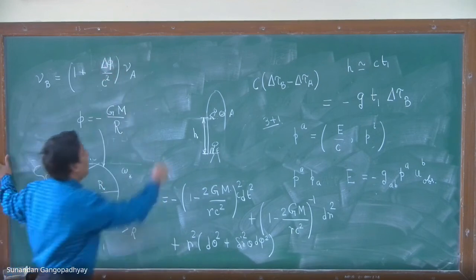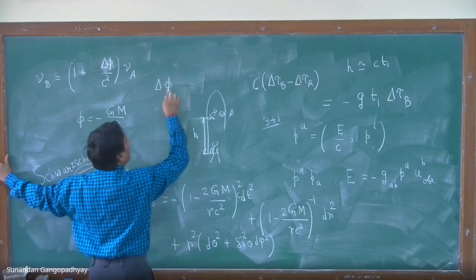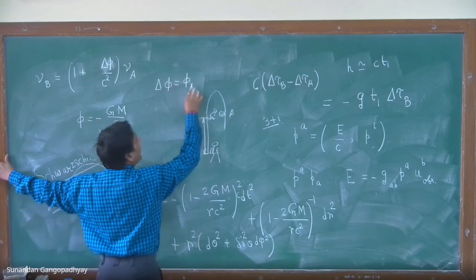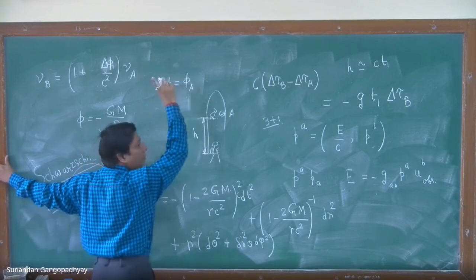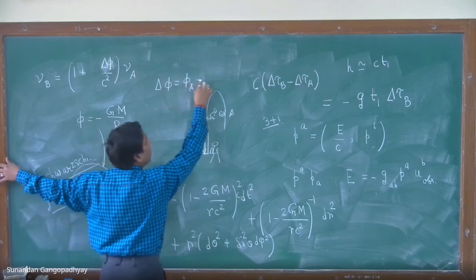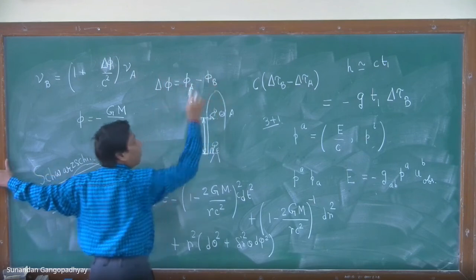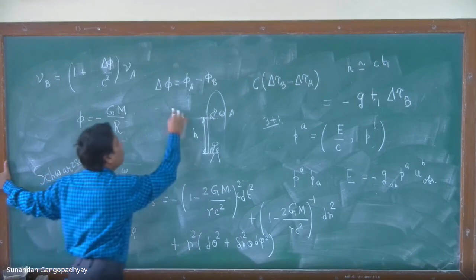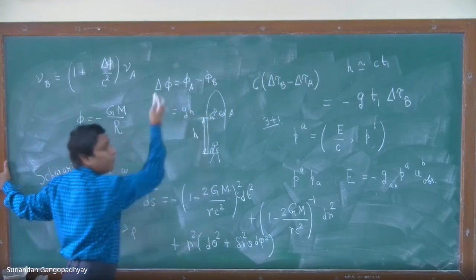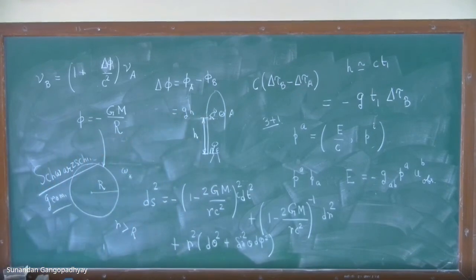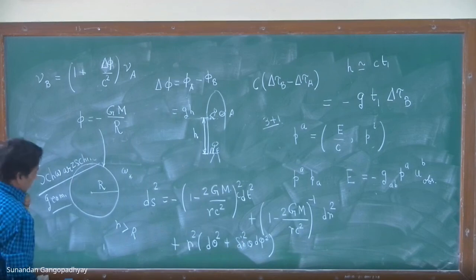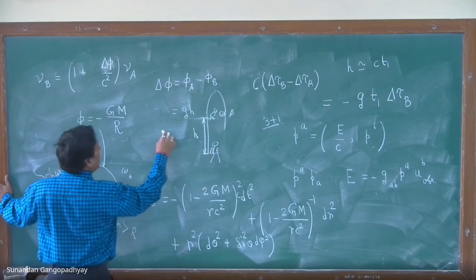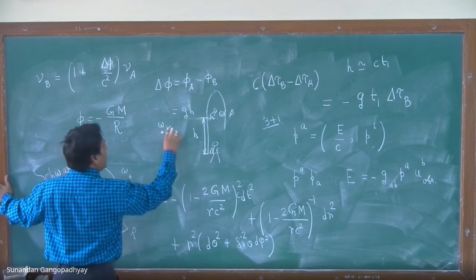And what is delta phi? Delta phi is phi A, the potential which Alice has, minus the potential which Bob has. And that is equal to gh, the gravitational potential difference in a uniform gravitational field. Now you can see that here also the guy who is at infinity is the receiver.